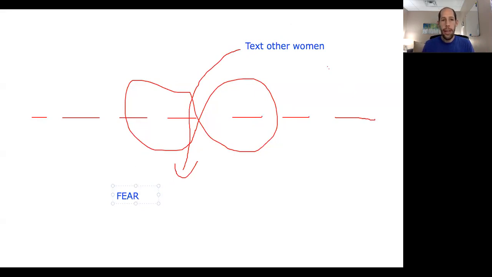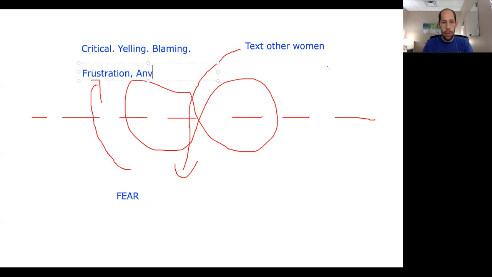And so in their pattern, when she gets afraid, it comes up above the surface and it turns into being critical or yelling or blaming. We can add frustration, anger. Those are the higher level emotions that are there, but they create distance between us and our partner.